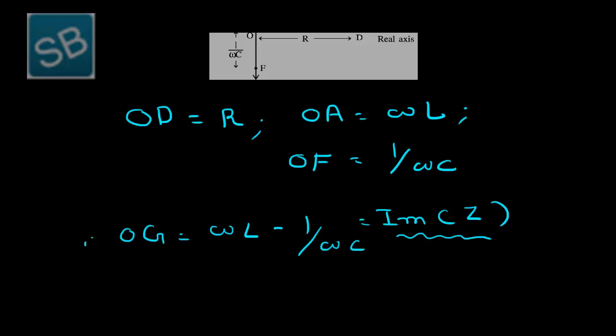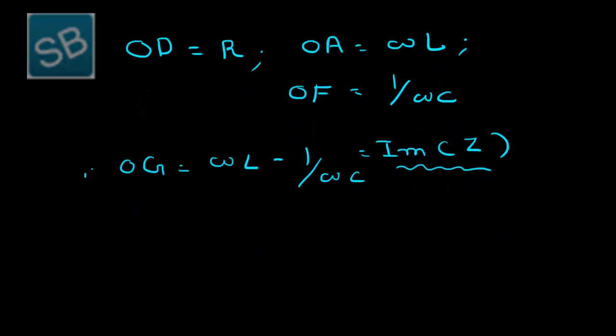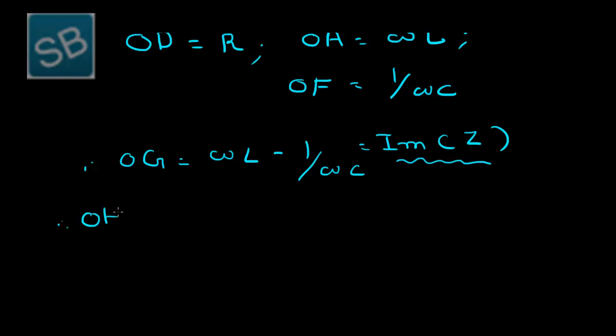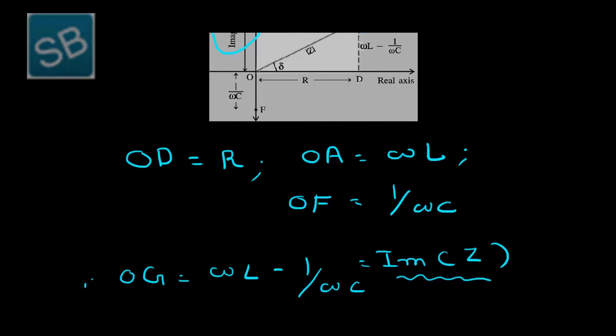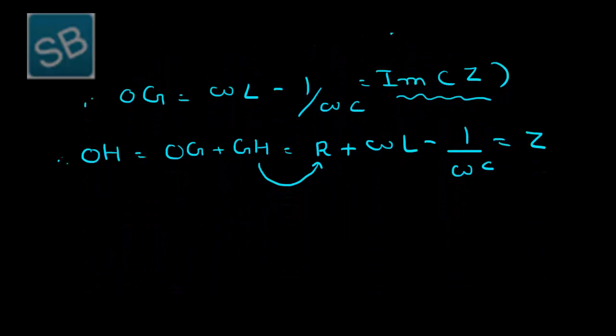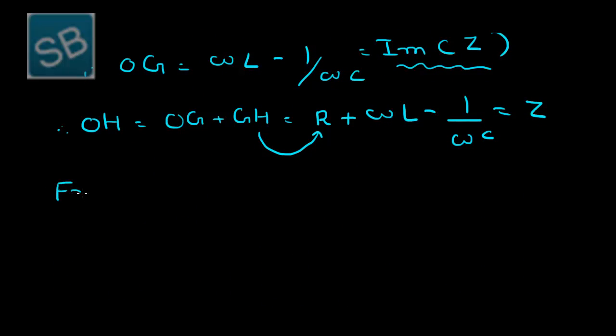And if we want to find the total OH, then OH is equal to OG plus GH, that is, the value of GH is R plus omega L minus 1 over omega C. And now we have the value of OH, that is equal to Z, and from the law of Pythagoras, I can find the value of mod Z from the Pythagoras theorem.